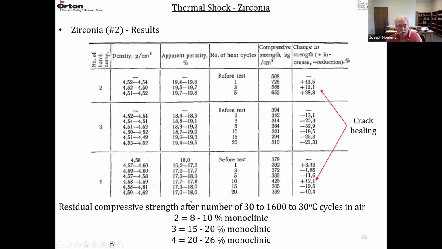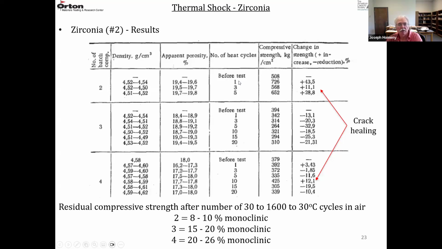So this is kind of a summary. Batches 2, 3, and 4, their densities. These are all different samples. So here, 4 samples were tested. Looks like 7 here and 7 here. Their porosities. The number of heat cycles, well, the first sample was not tested. That's basically a control, but I think there were at least 5 in each one of these groups.